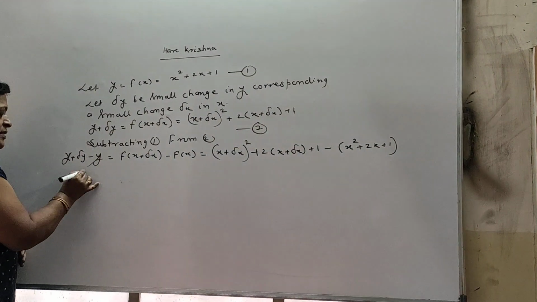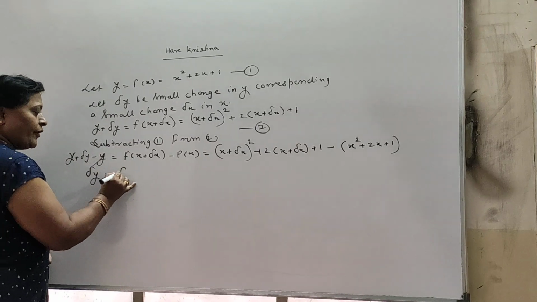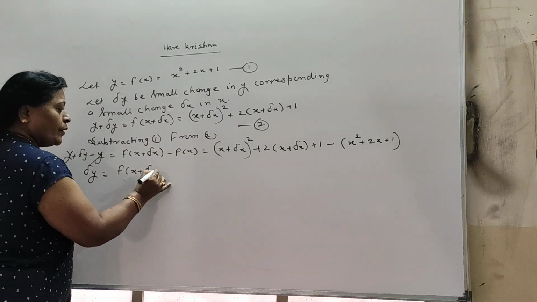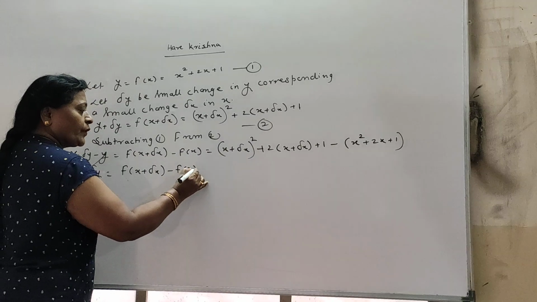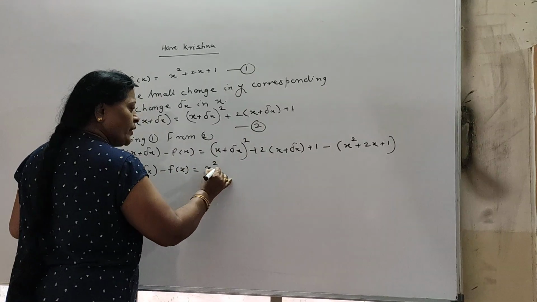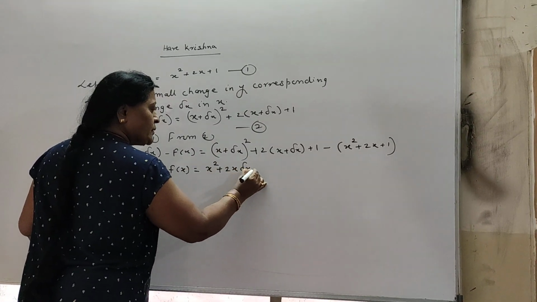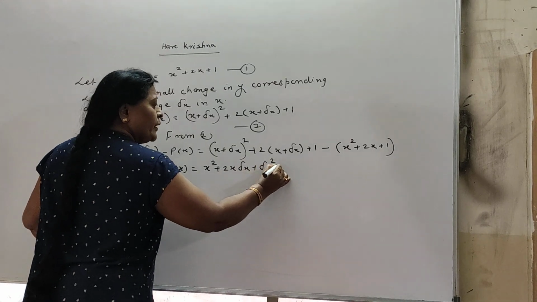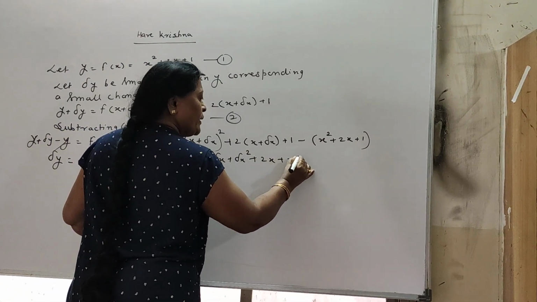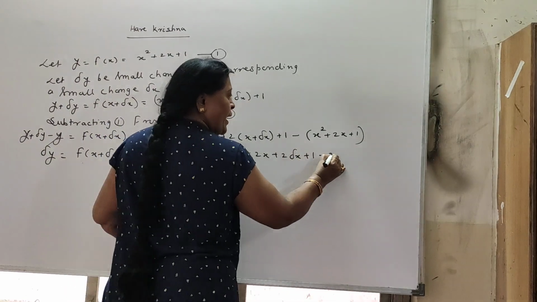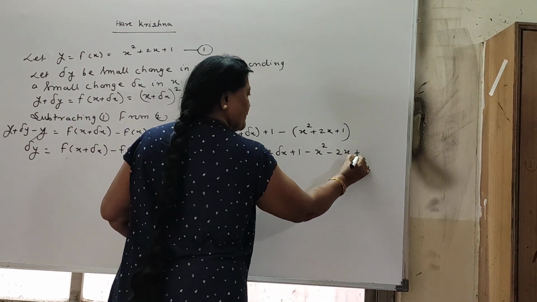Now again y gets cancelled, what remains is del y. Now simplify this bracket: x square plus 2x del x plus del x square, plus 2x, plus 2 del x, plus 1, minus x square minus 2x minus 1.